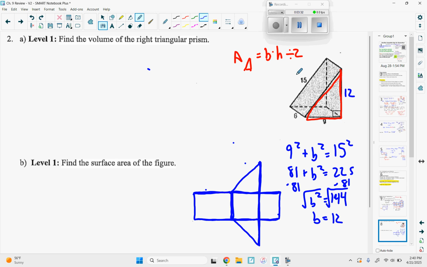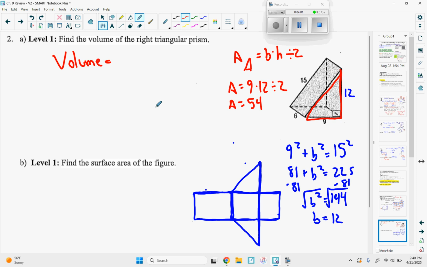And so now we can find the area of that triangle. That's 9 times 12 divided by 2. The area of the triangle is 54 units.